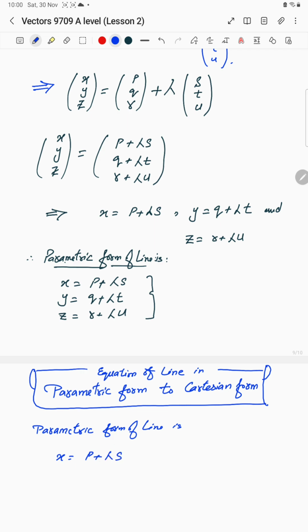P, q, r, I told you, is the point on the line, and s, t, u are the direction. Let me write it like this.